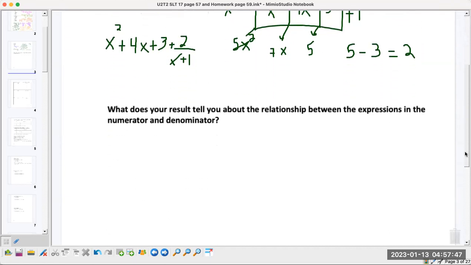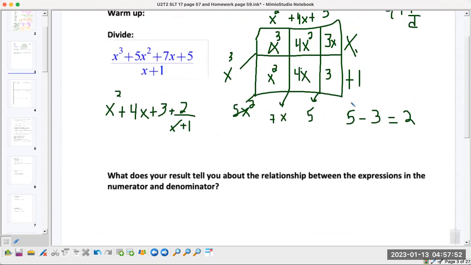What does the result tell you about the relationship between the expressions in the numerator and the denominator?